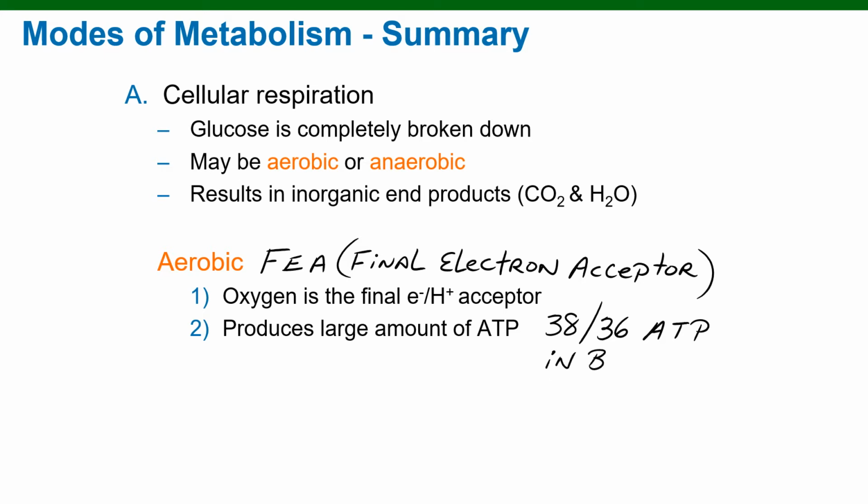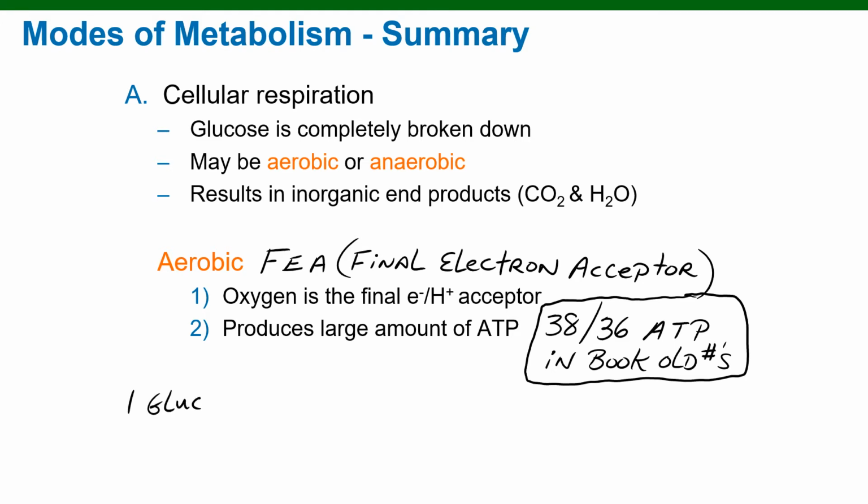So we'll say that this is in the book, that these are old numbers. More recent research papers and sources show that this number has been revised downward to 30 to 32. And so I'll write that down.